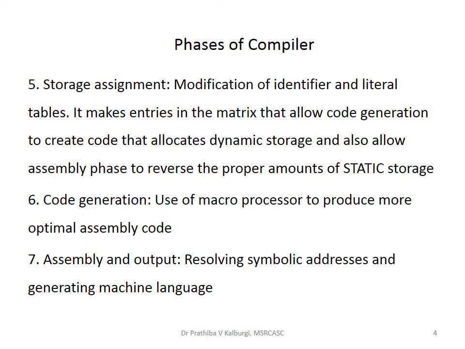So the purpose of this phase is to assign the storage to all the variables which are going to be referenced in the source program, and also to assign storage to the temporary locations that are necessary for an intermediate result.